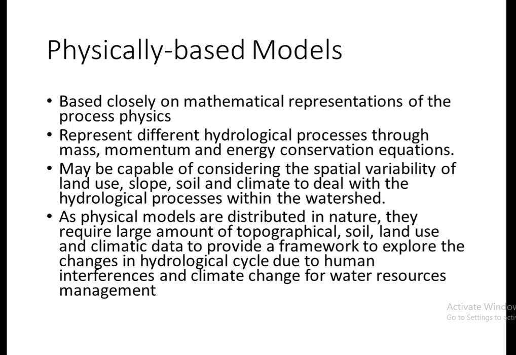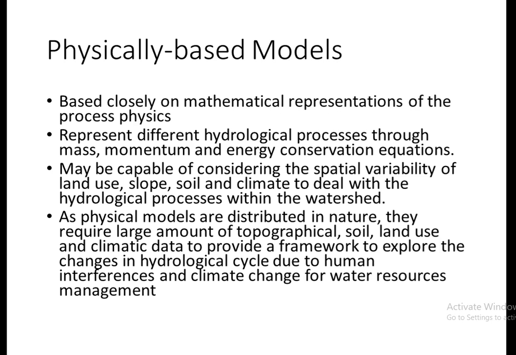So the third model is the physically based model. These models are based closely on the mathematical representations of the process physics. It considers the process physics as major components. They represent different hydrological processes through mass, momentum, and energy conservation equations.